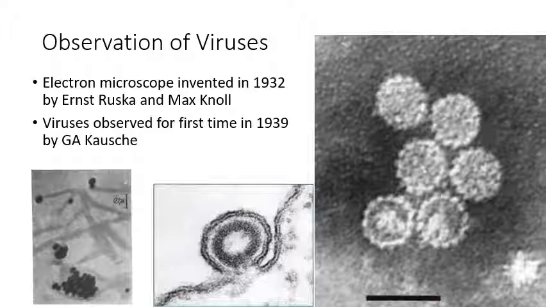So it took a while to get good biological images from an electron microscope, but gradually people did start imaging cells, which allowed them to see structures inside the cell and allowed them to see viruses. So the first virus was actually observed directly in 1939 by this guy, G.A. Koch.